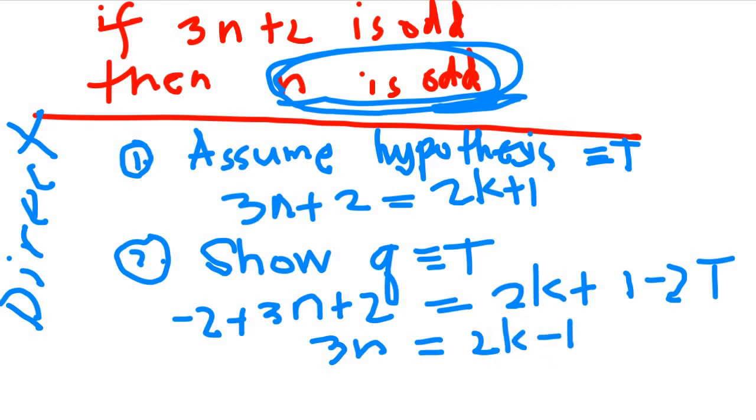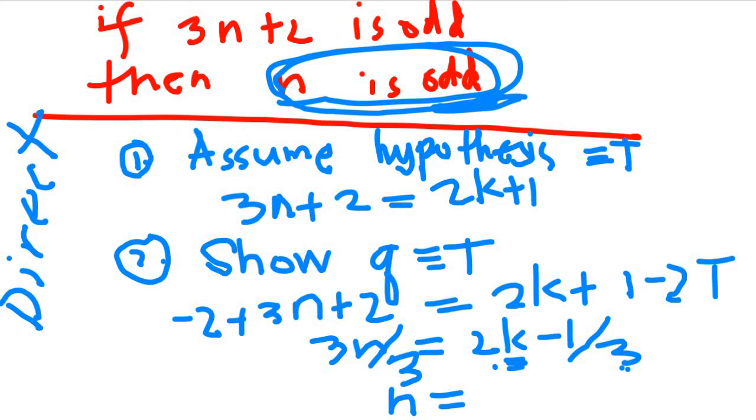And the problem sets in because to solve for n, I have to divide both sides by 3. And the problem with this is that 2k over 3 is no longer necessarily an integer. So k must be divisible by 3 for this number to be a whole number.